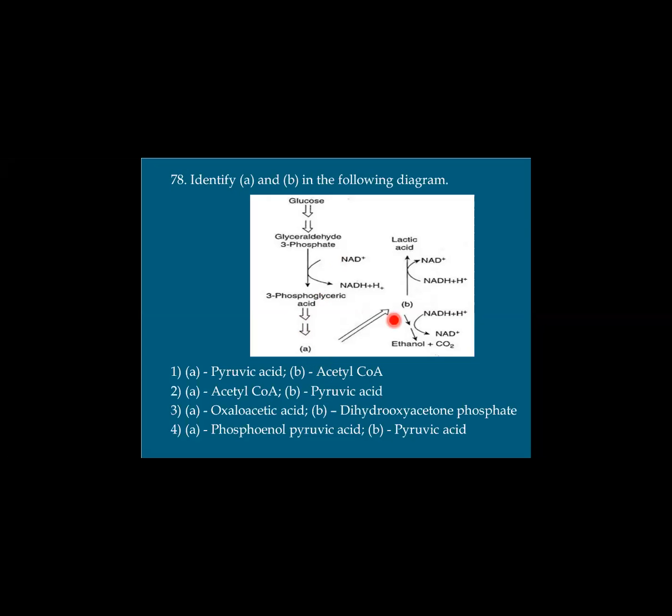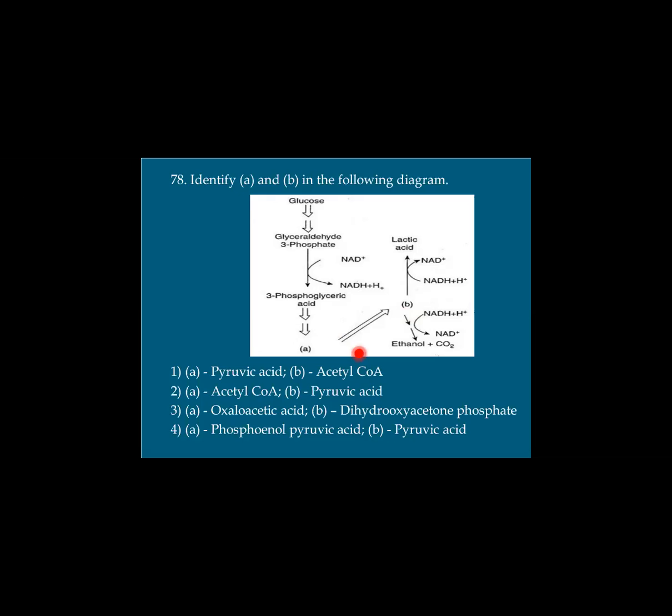Pyruvic acid can convert either to lactic acid or to ethanol plus carbon dioxide. So here what you have to understand is what is A, B and C. Let us see once again A, B and C.